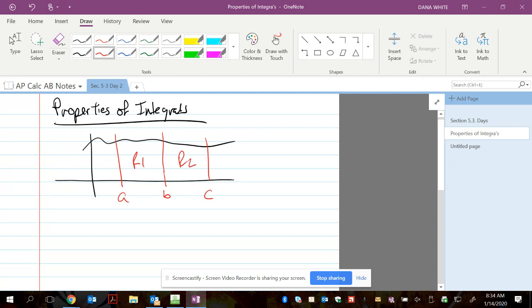Well, does it matter? I can set up an integral to find region 1. I can set up an integral to find region 2. I can find the whole thing.